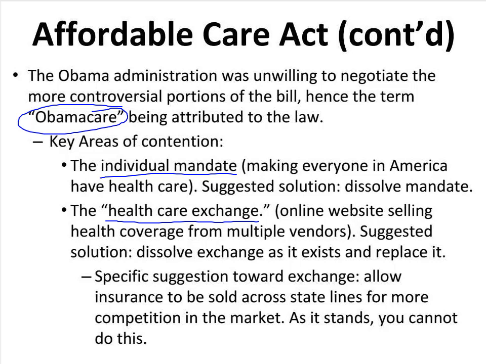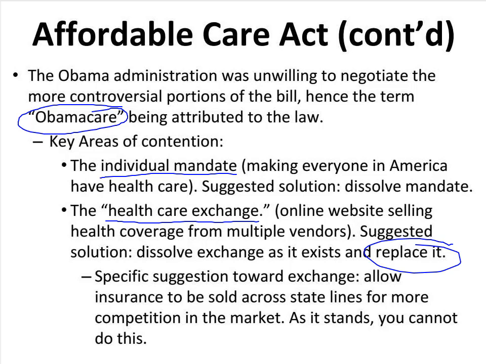The biggest stumbling block here for the opponents to the Affordable Care Act, better known as Obamacare, is that the replace it piece, there are few very specific plans that have been proposed as a replacement. So people are very standoffish, very suspicious of doing away with something without a viable alternative.